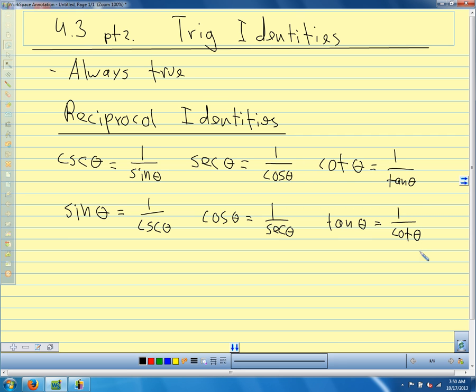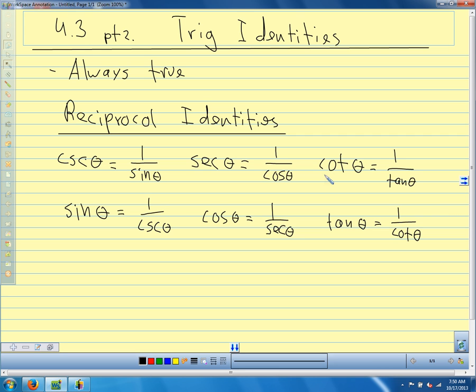So I can flip them over to get one from the other. We define these from the unit circle with 1 over y and 1 over x, and we know on the unit circle that y is sine theta and x is cosine theta. So they're reciprocals of each other.